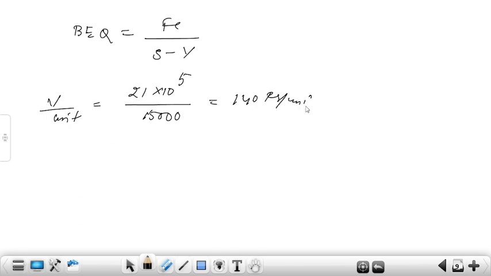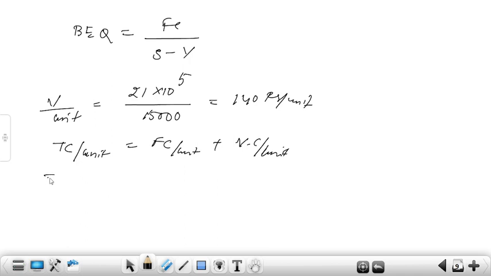Total cost per unit is equal to fixed cost per unit plus variable cost per unit, as no profit is given, so profit is 0.